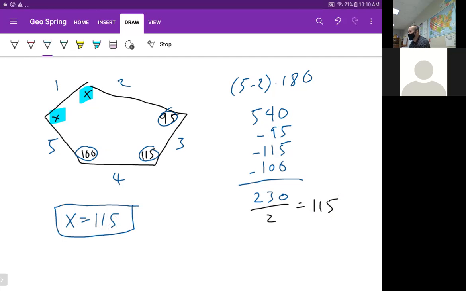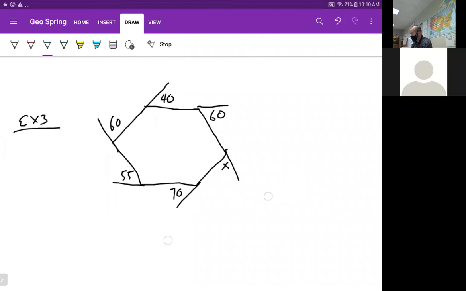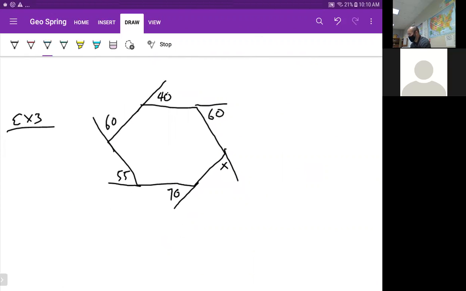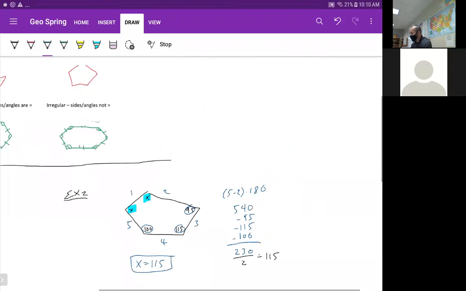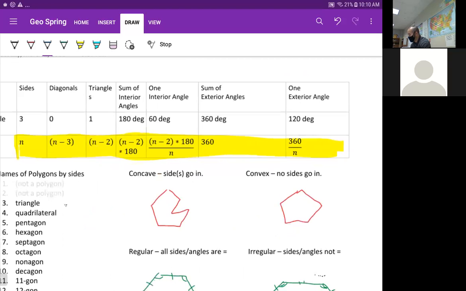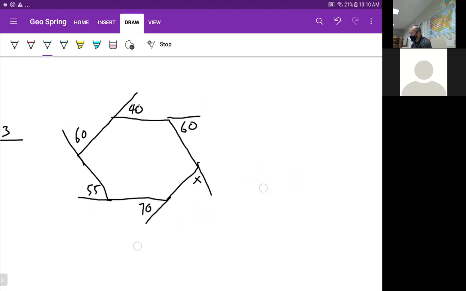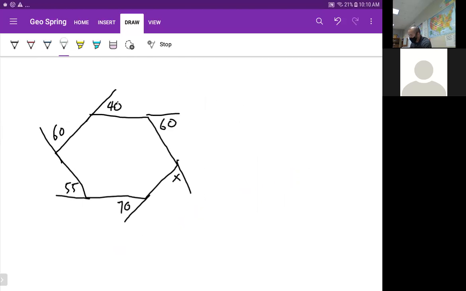You have a couple problems like this, and then a couple problems like this also. Now this is exterior angles, and your formulas are all up here. The sum of exterior angles is always 360. Easy, easy, easy. These always add up to 360, so we don't have to do any extra work there.